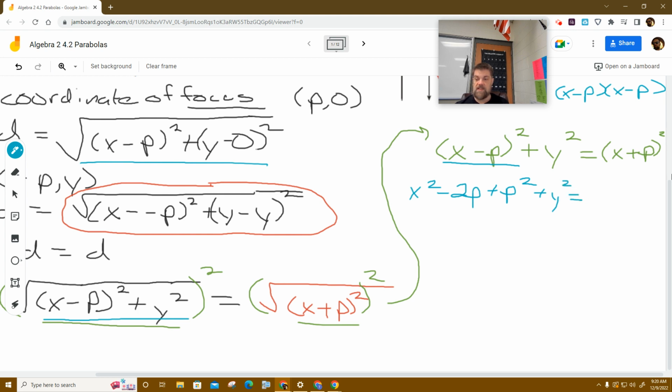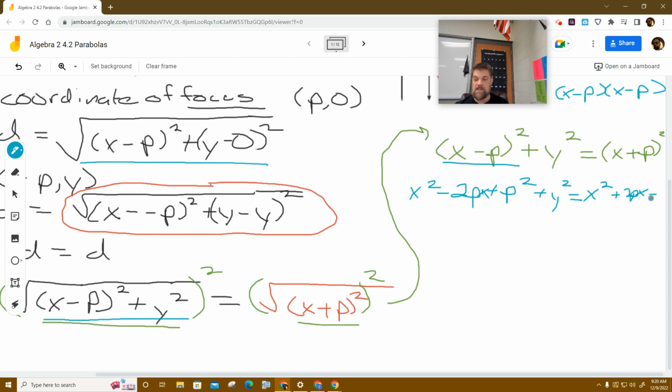And then over here on this side, this becomes x squared plus 2px. I'm sorry, I forgot to put, there's an x here. 2px. And then this is 2px.